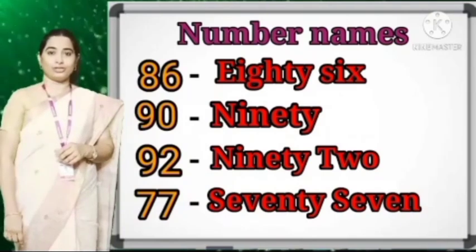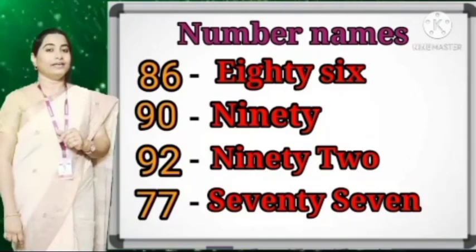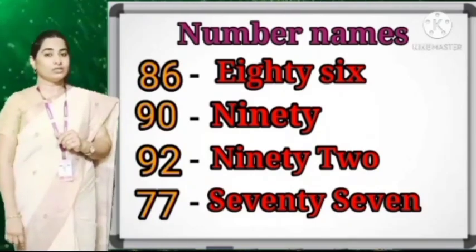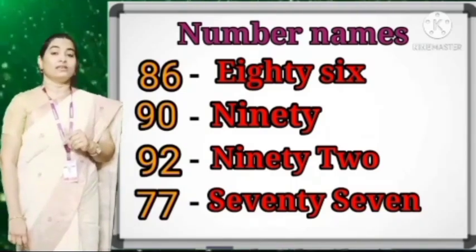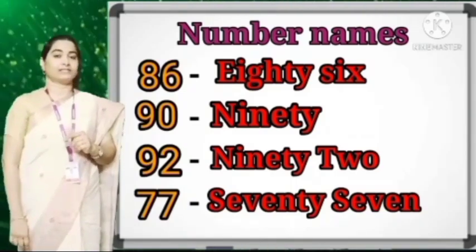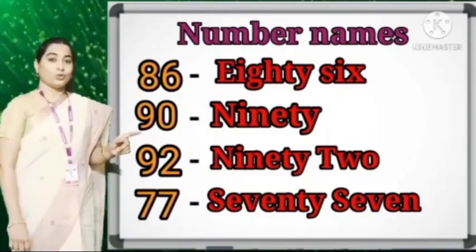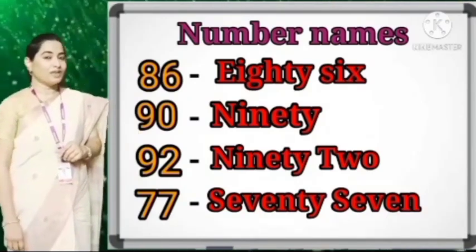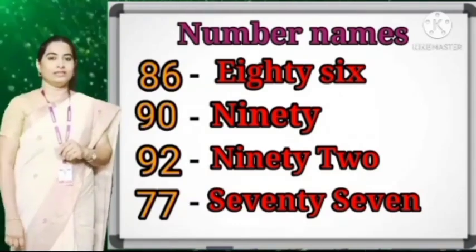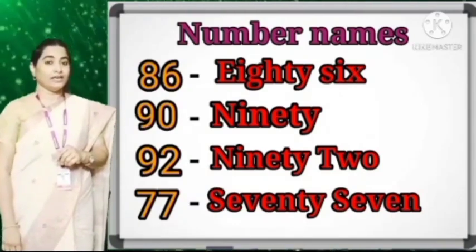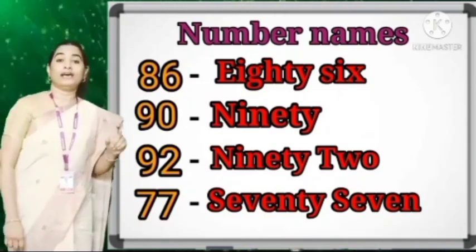Now, next, 86. We are going to write 86. E-I-G-H-T-Y, 86. Yes, S-I-X, 6. 86. So, what is the next number? It's 90. We are going to write the number name for 90. N-I-N-E-T-Y, 90.